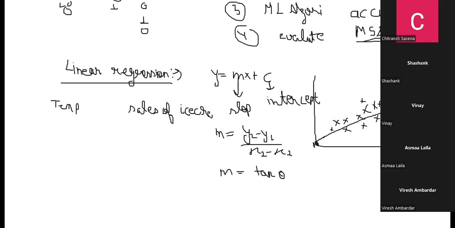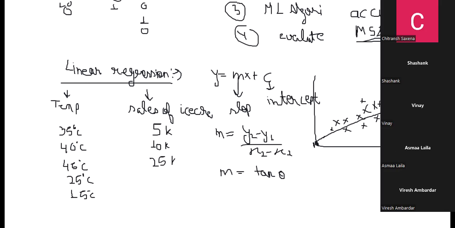The temperatures are 35, 40, 45, 25, and 15 degrees centigrade, and the sales are 5K, 10K, 25K, 2K, and 1K.